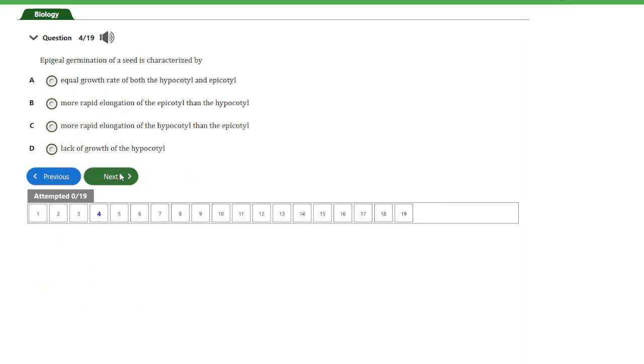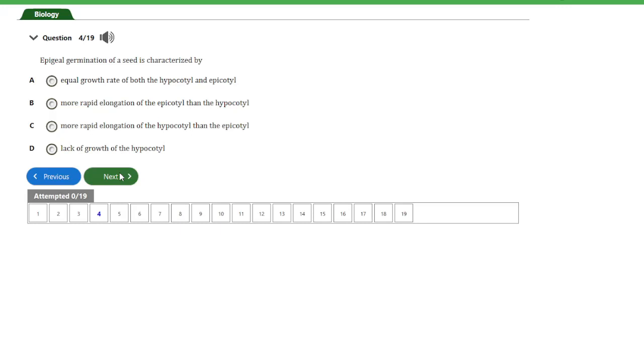The question says, epigynous germination of a seed is characterized by A. Equal growth rates of both hypocotyl and epicotyl, B. More rapid elongation of the epicotyl than the hypocotyl, C. More rapid elongation of the hypocotyl than the epicotyl, and D. Lack of growth of the hypocotyl.